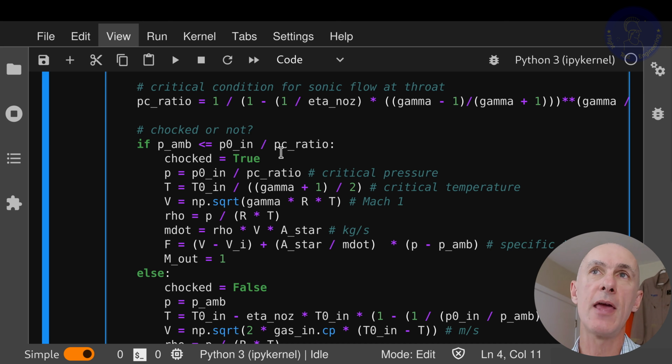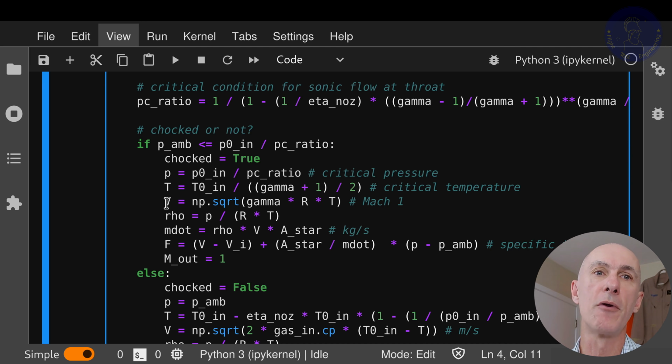Now we can check if the actual pressure ratio is lower or equal to the critical pressure ratio and branch for the choked or non-choked cases. If it is choked, we set the choked flag. Then we calculate the pressure out, PC, which is equal to P8 in this case. We calculate the critical temperature, Tc here, or T in this case.